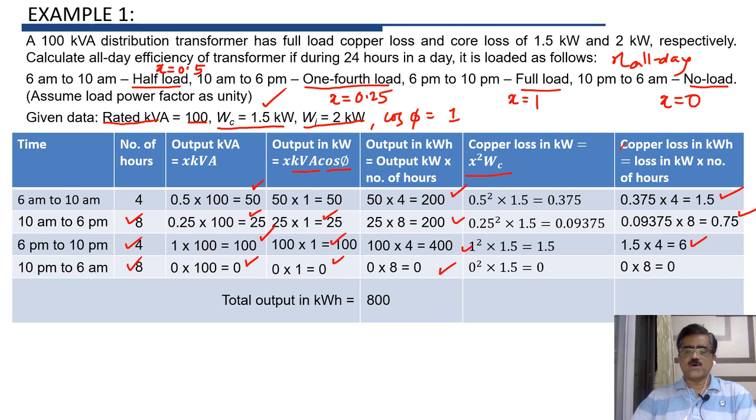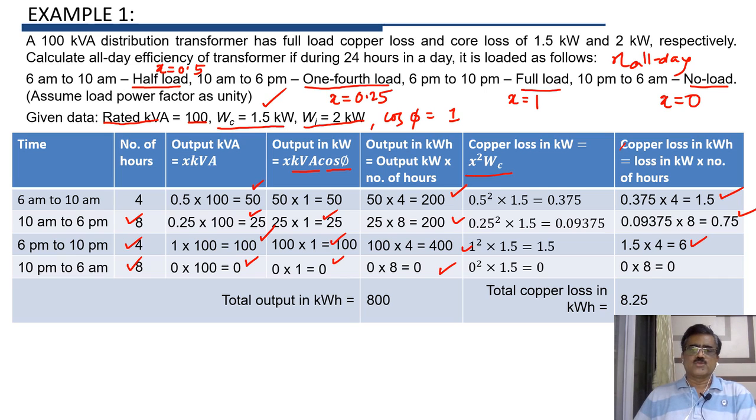If you add all these, you will get output in kilowatt hour during 24 hours as 800. Now similarly you can calculate total copper loss in kWh. For this you have to add 1.5, 0.75 and 6. If you add this, you will get total copper loss in kilowatt hour as 8.25.